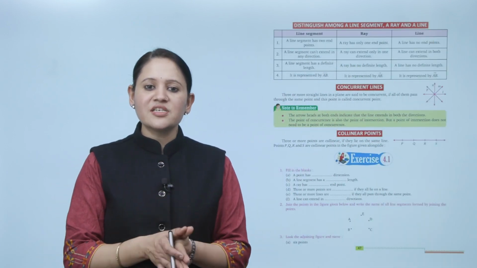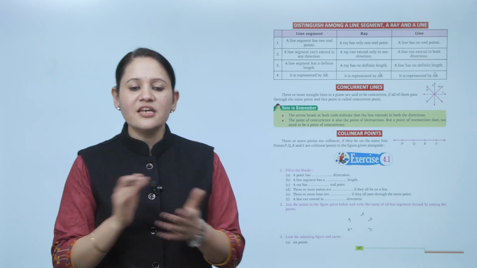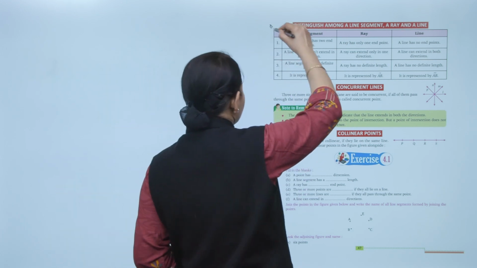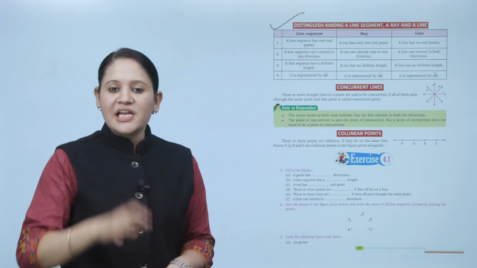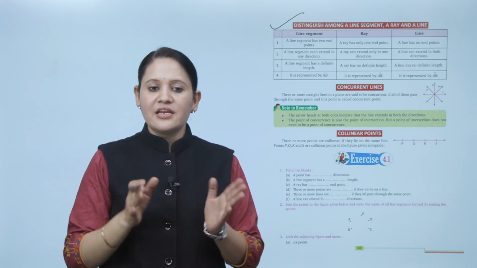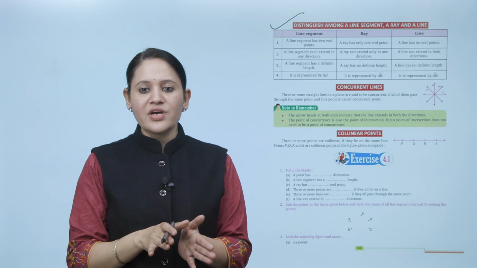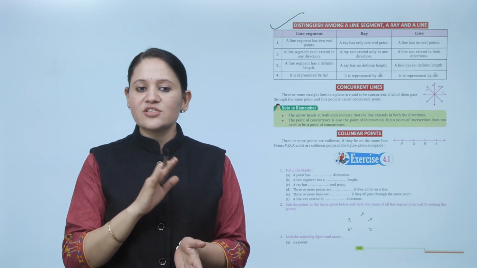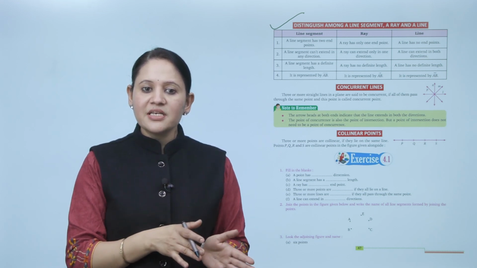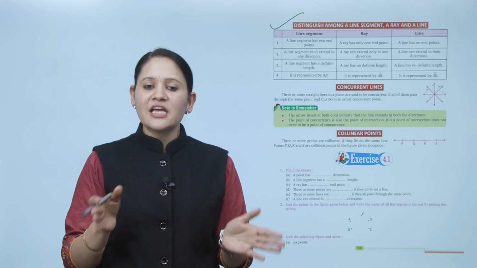Next is distinguishing among line segment, ray and line. So what is the difference between line segment, ray and line? A line segment has two endpoints, a ray has only one endpoint and a line has no endpoint. A line segment can't be extended in any direction.